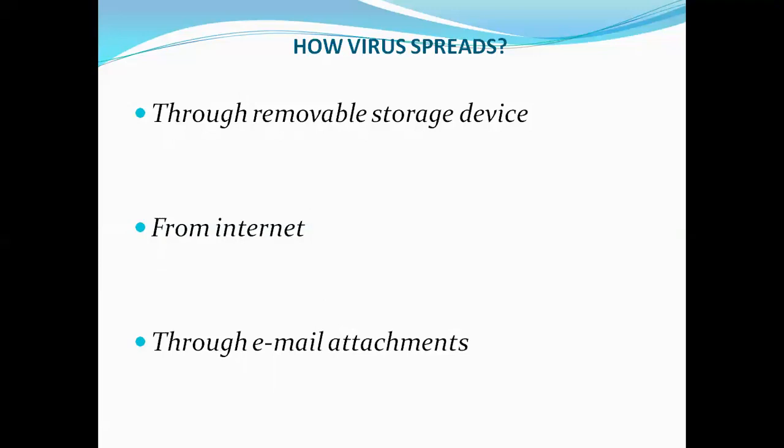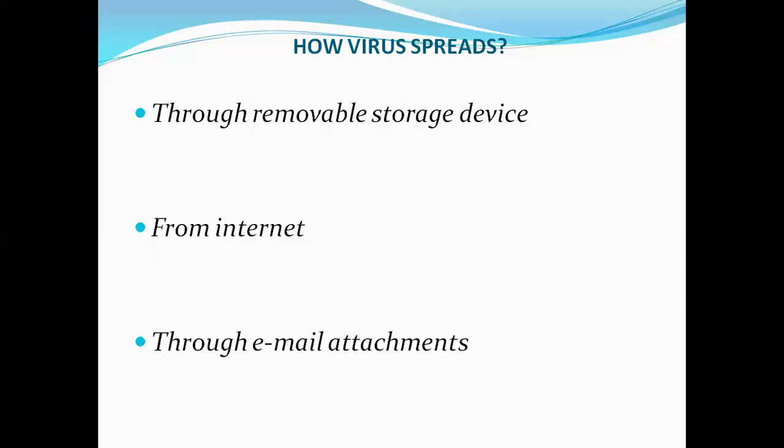Third, through email attachments. Okay, now we are in the habit of clicking on links, so if we get any attachment through email, we are very excited to open it. So please remember that if you are getting a mail from some unwanted source, please don't try to open it.